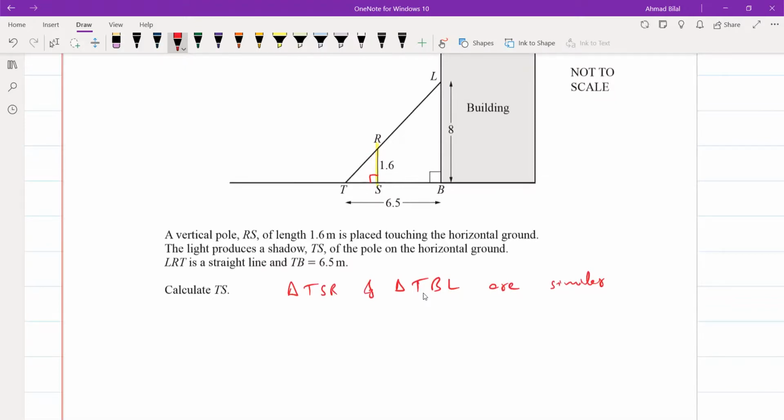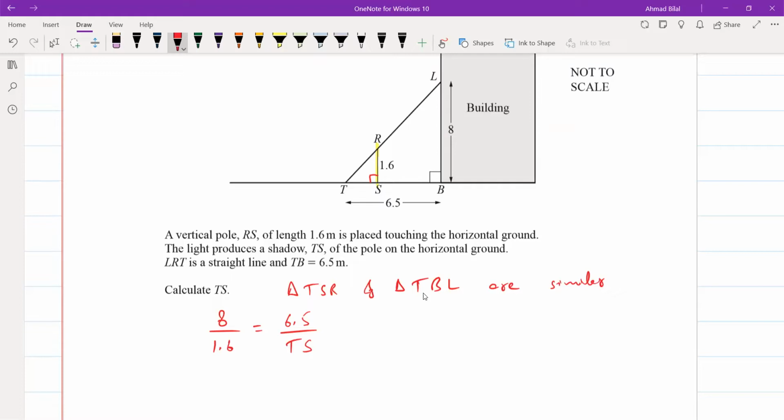So we can get 8/1.6. अगर हम vertical lengths की ratio निकालें, that should be the same as the ratio of the base of the bigger triangle, that is 6.5, divided by the base of the smaller triangle, that is TS. Does this make sense? And the ratios को equate किया.